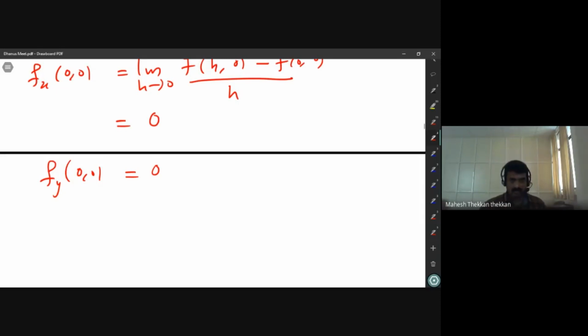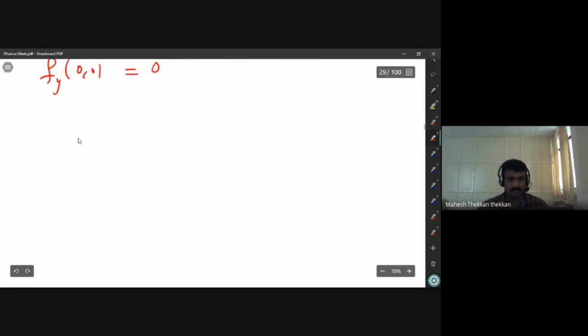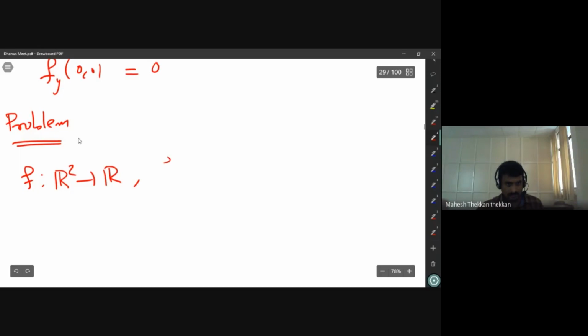Now I will give an exercise so that you can do it later. I don't have that much time to do all the problems. Define f from R2 to R by f of x comma y equal to mod x plus mod y.